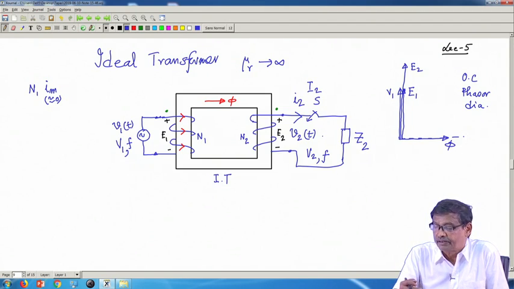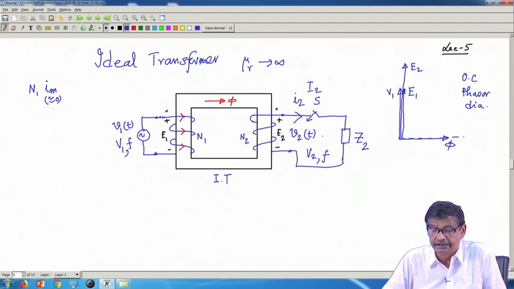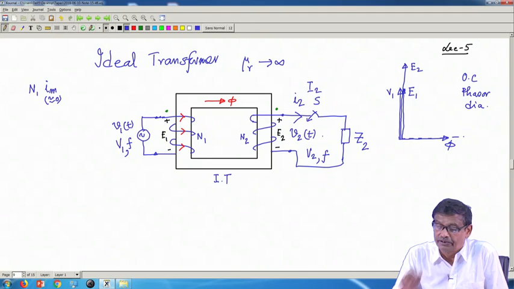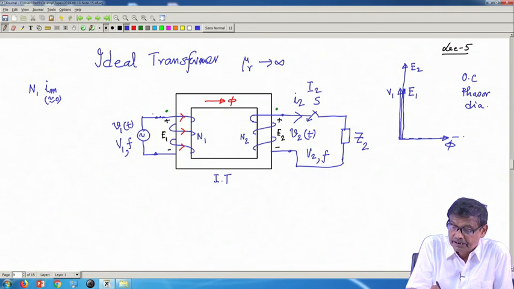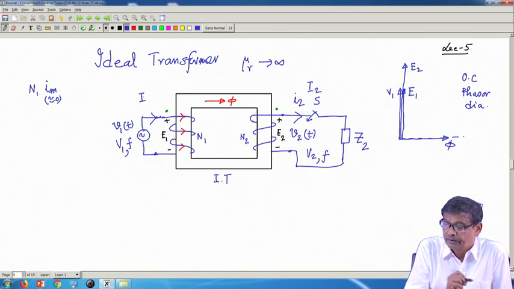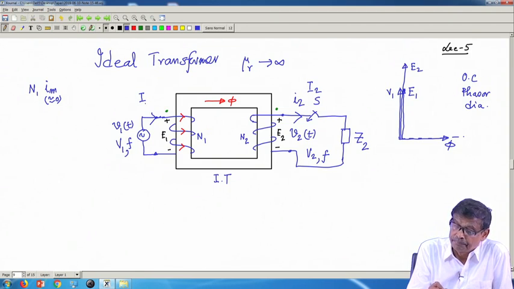But the moment some current is drawn from the secondary, the primary cannot remain silent or sit idle. It will also draw an extra current, whose value will be I2 into N2 by N1.